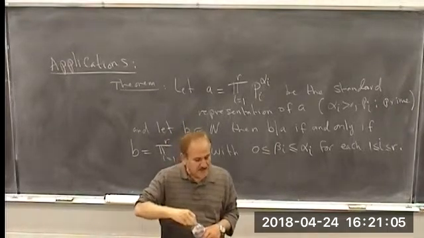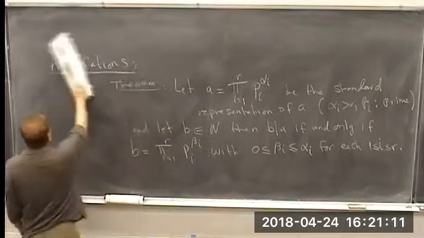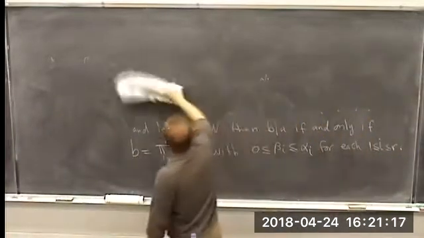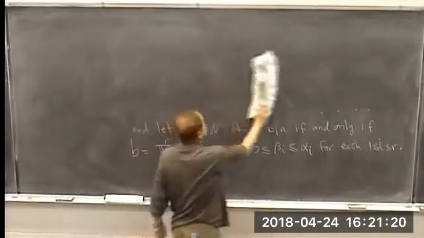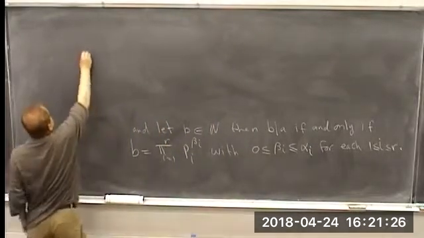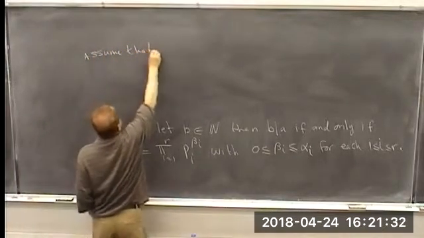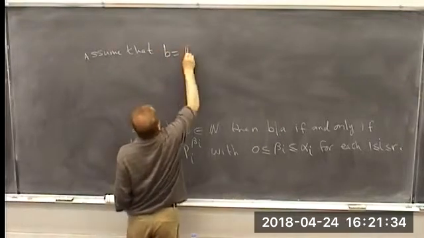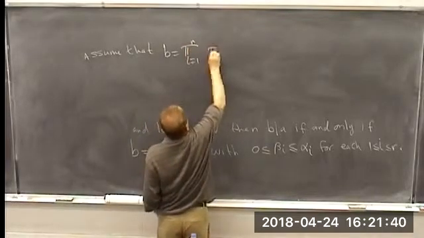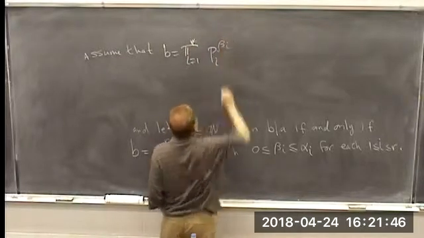So let's just start by assuming B is equal to this. Assume that B is the product from i equal 1 to r of p_i to the beta_i.